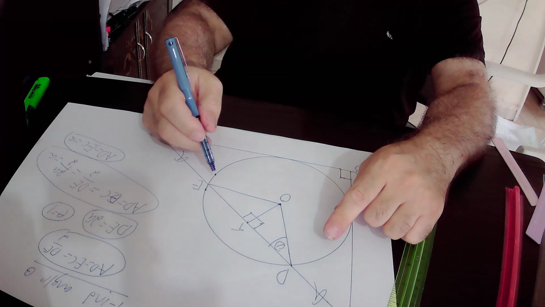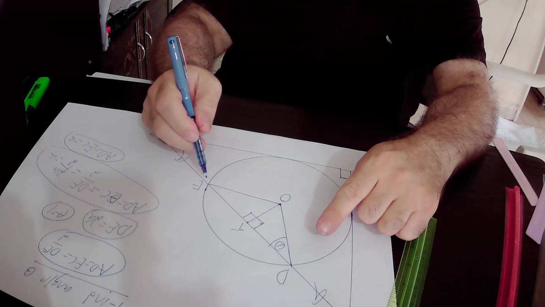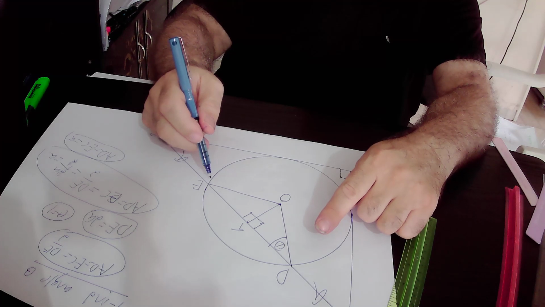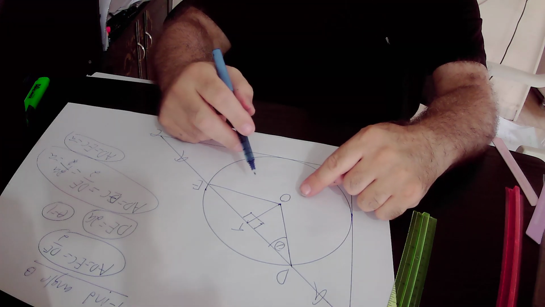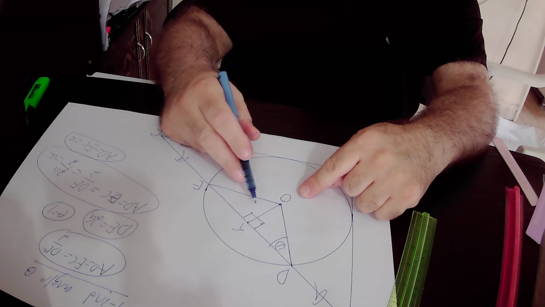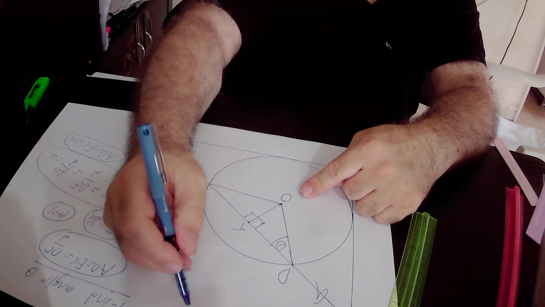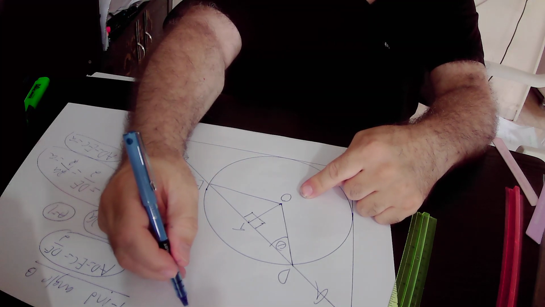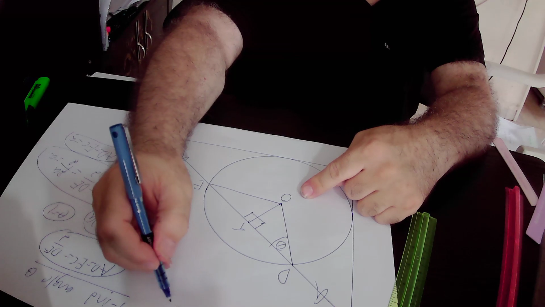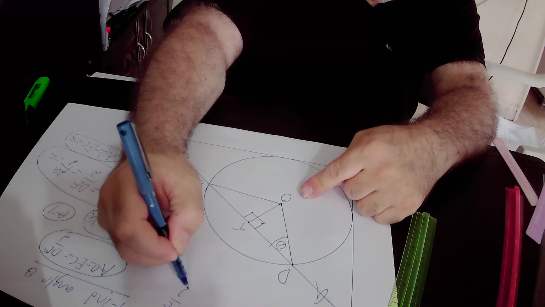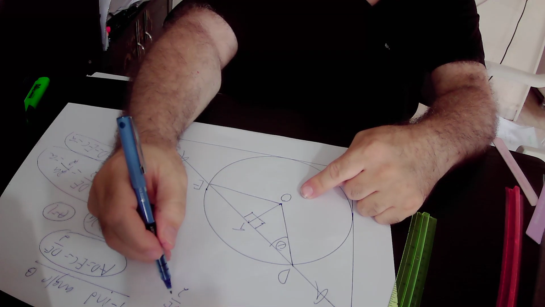So chord DE has been bisected into two halves by perpendicular OT. That is to say, TE equals DE over 2, and DT is also equal to DE over 2.